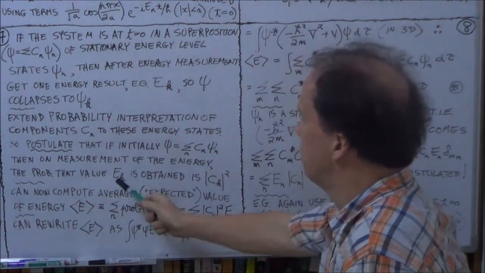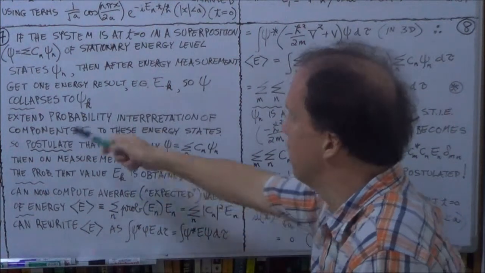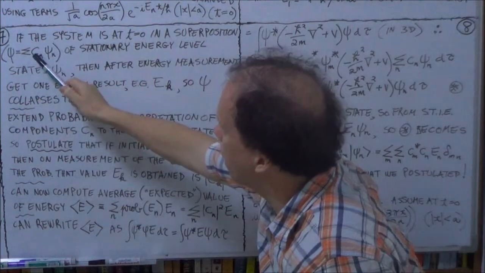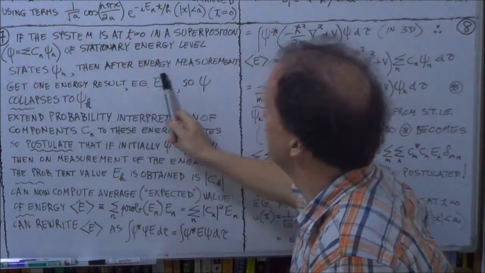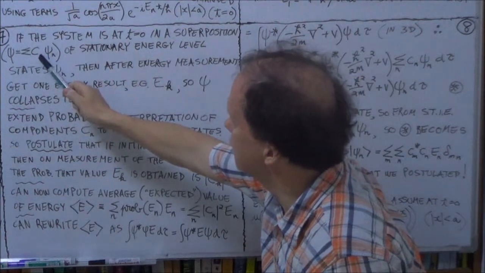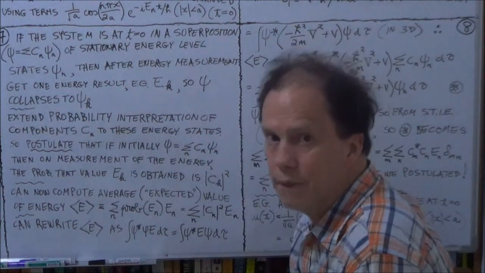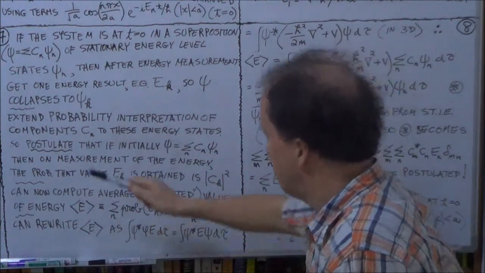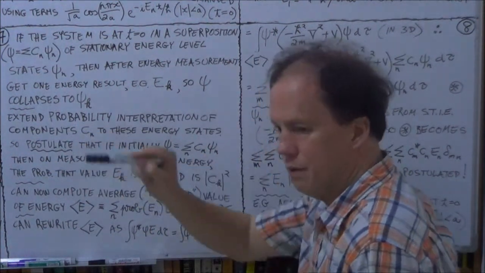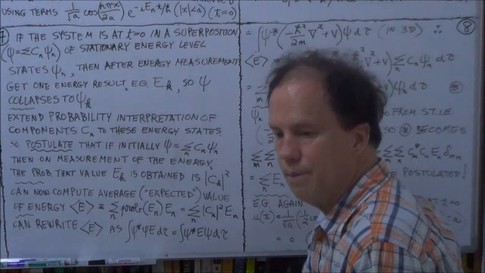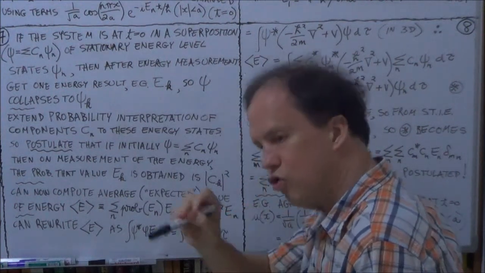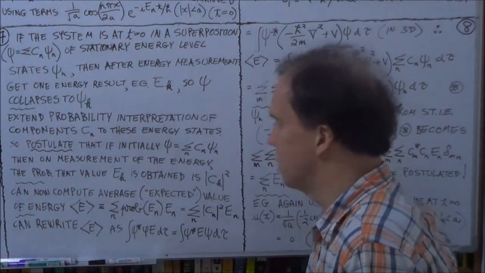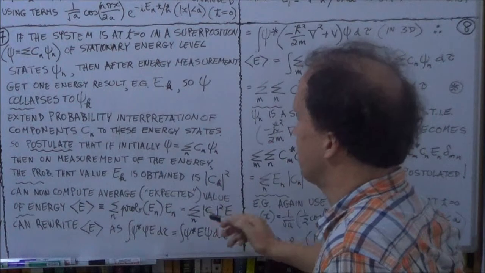So to persuade you that this probabilistic interpretation, meaning the probability of getting the result E_k is C_k squared, is right, we assume it's true, we just postulate it, and then we start drawing conclusions from it, and that's what we're doing for the rest of this session.